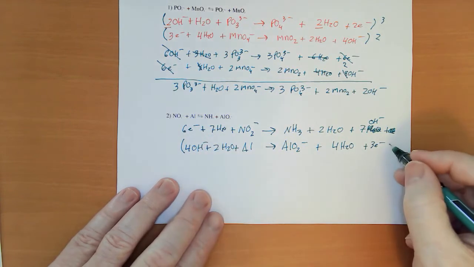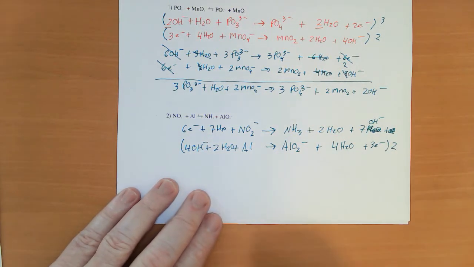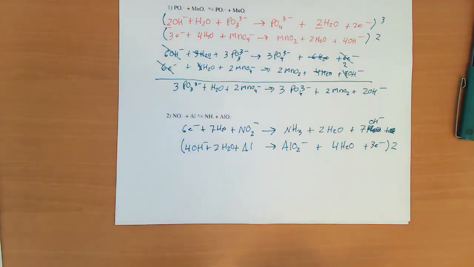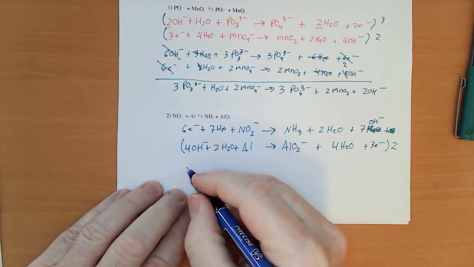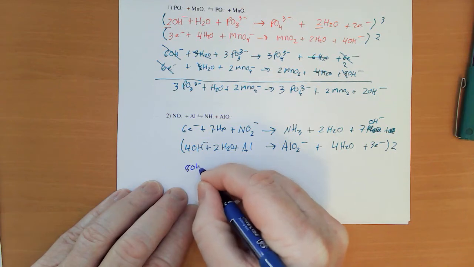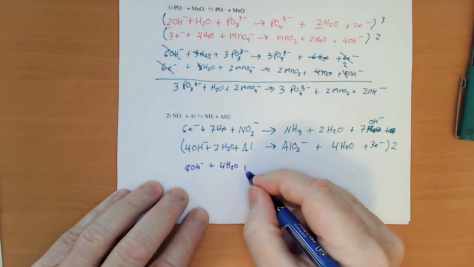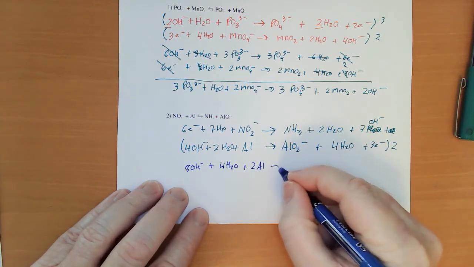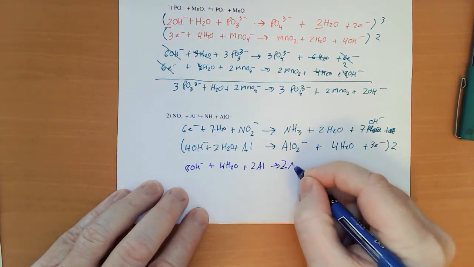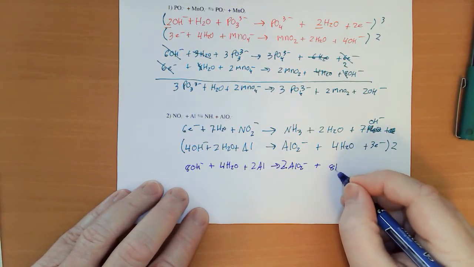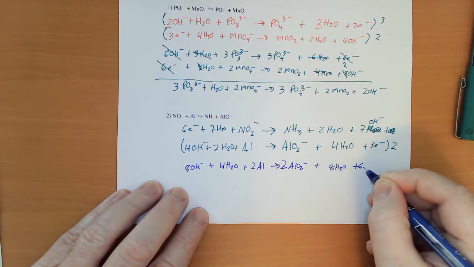I'm going to have to multiply this whole thing by 2. So let's go to a new color here. 8 hydroxide plus 4 water plus 2 aluminum to give me 2 AlO2 minus plus, so 8 waters and 6 electrons.